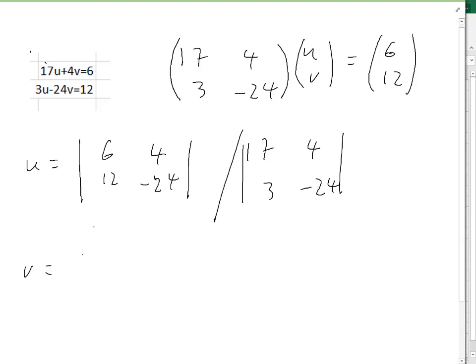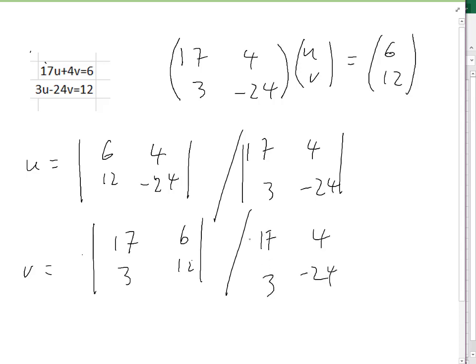And then v is going to be 17, 3 and 6, 12 put on this side, divided by the same determinant on the bottom, 17, 4, 3, minus 24. Okay, so I'll just be lazy and reach for the calculator and work those out.